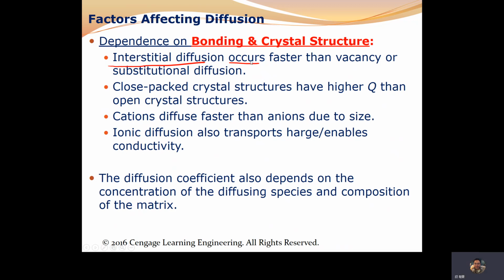Okay, and cations diffuse faster than anions due to size. Cations have a smaller size than anions, and ionic diffusion also transports charge and enables conductivity. One example is our lithium-ion battery.